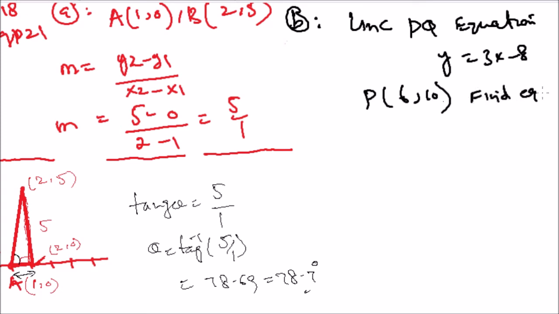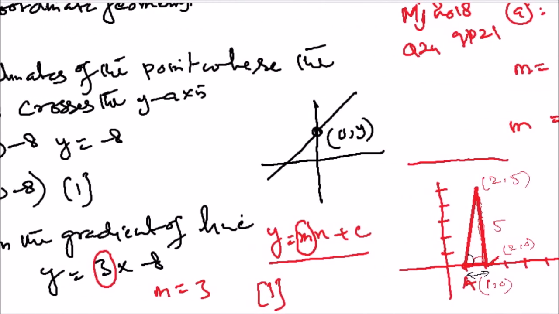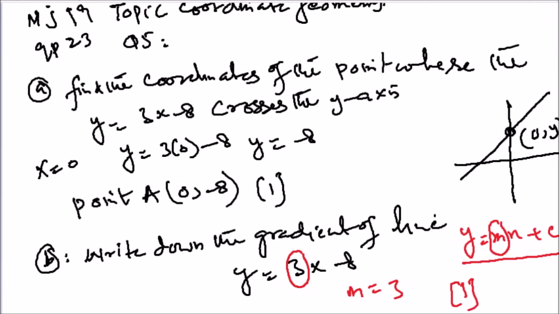Find the equation of the line perpendicular, the sign I have told you in the previous video, the sign is for perpendicular. Find the equation of the line perpendicular to PQ and passes through P. Very simple.